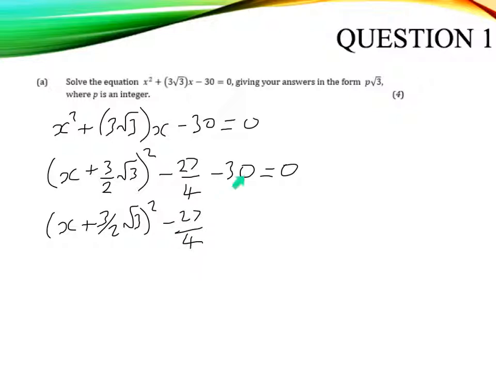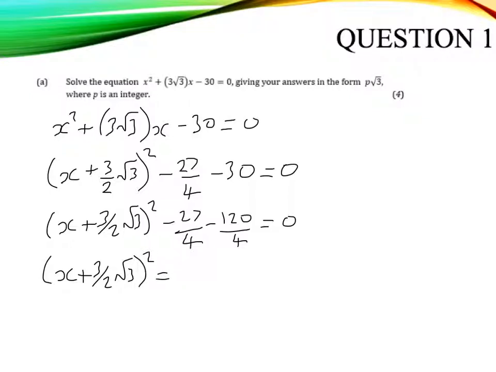A common mistake at this point would be to do minus 27 and just take 30 away from it, forgetting that this is 27 over 4. Okay, so I'm going to have to turn my minus 30 into something over 4, which would be minus 120 over 4, equals 0. I've now got x plus this nasty looking thing here, squared.